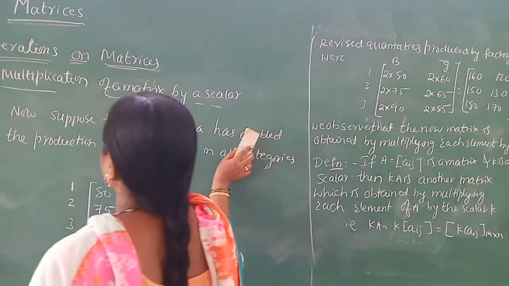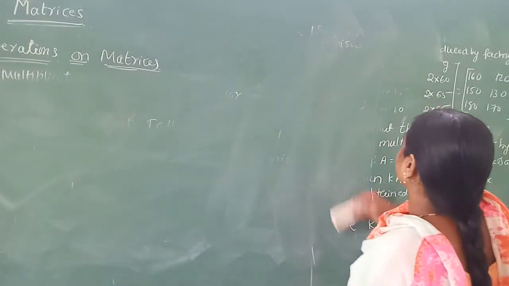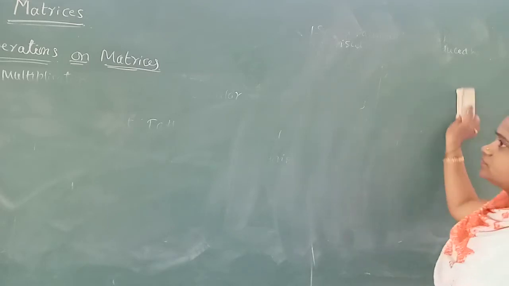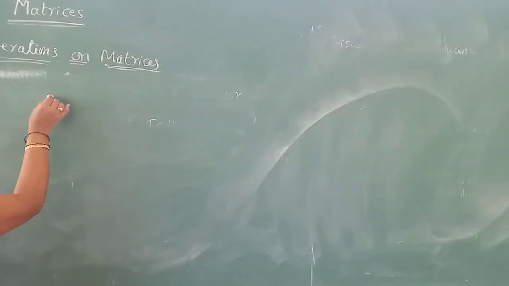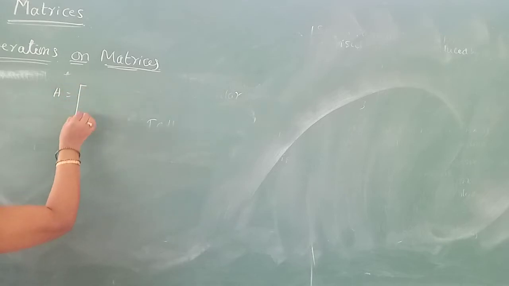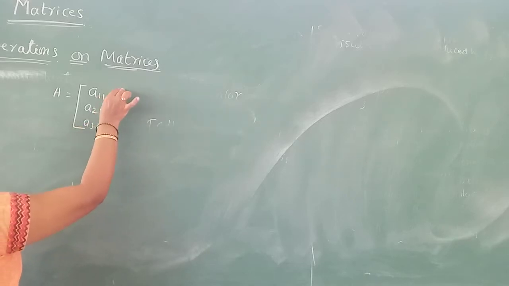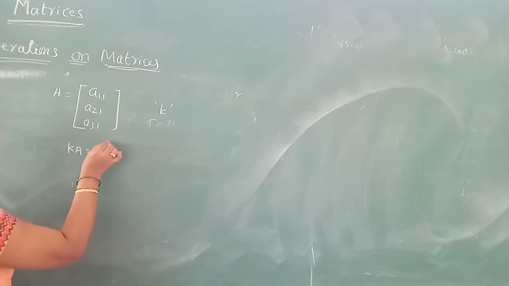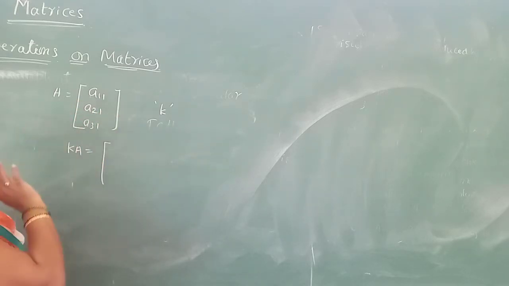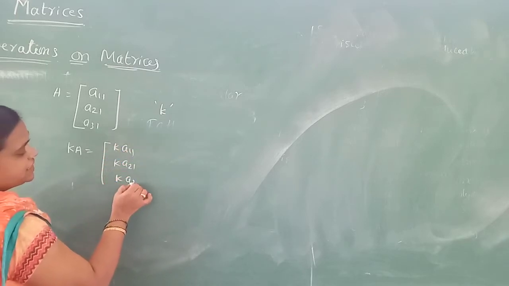I will give one general example. If matrix A is A11, A21, A31, assume that, and K is any scalar, then KA is obtained by multiplying each and every element by K. We get KA11, KA21, KA31.